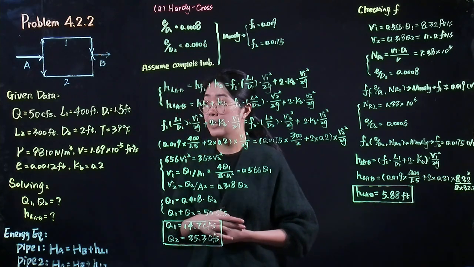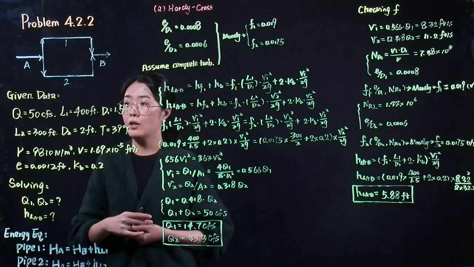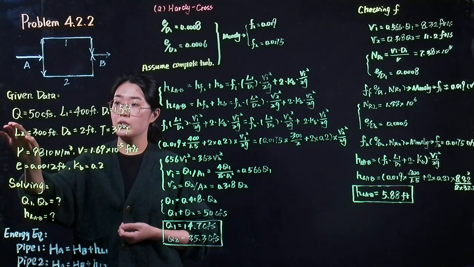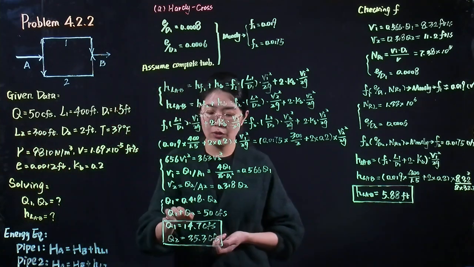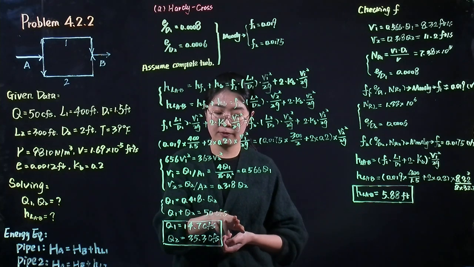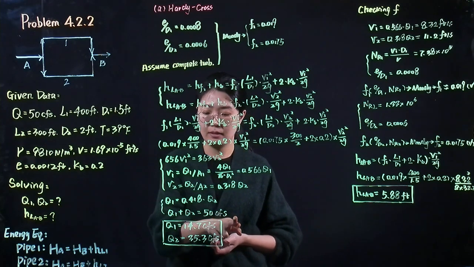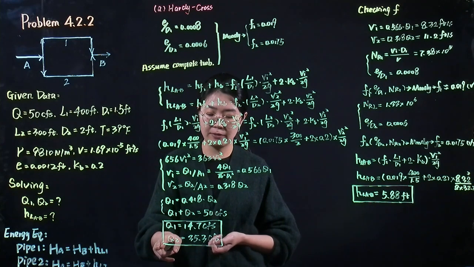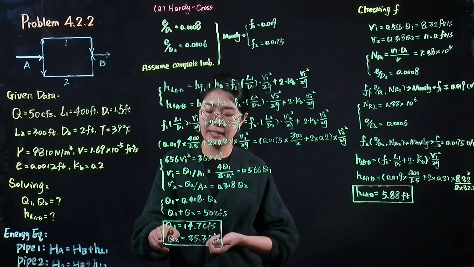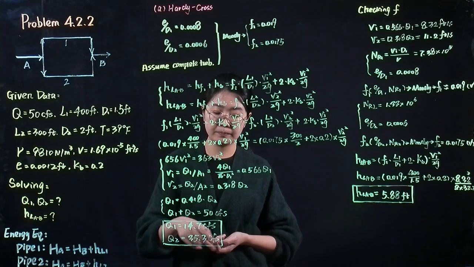And according to the problem, the total discharge equals 50 cubic feet per second. Q1 plus Q2 equals 50 cubic feet per second. After we join these two equations, we can solve the value of flow rate in pipeline 1 and 2.